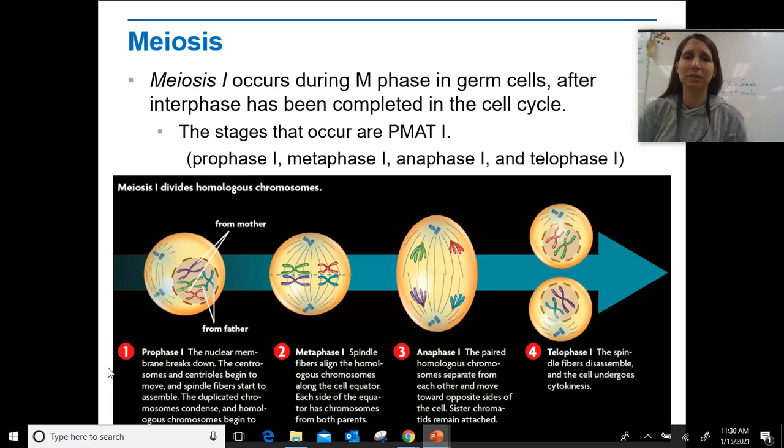But what it's going to do is it allows for the exchange of genetic information that normally wouldn't be exchanged because it's coming from 2 different places. So what I'm talking about here is, let's say we're looking at the purple and the green chromosome. When we cross over, what that essentially means is the X's are going to lay on top of each other in a way. At least part of them is going to cross. And when that happens, when they physically touch like that, they can exchange genetic information.